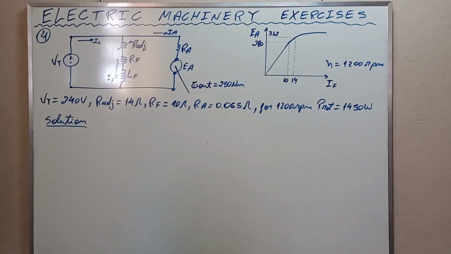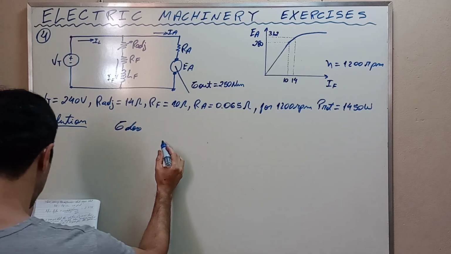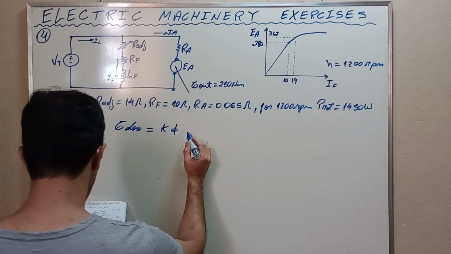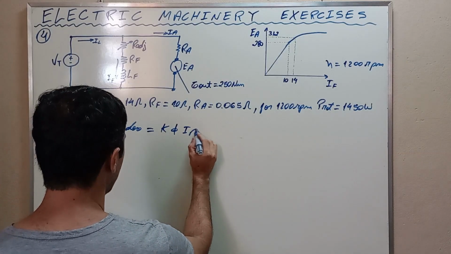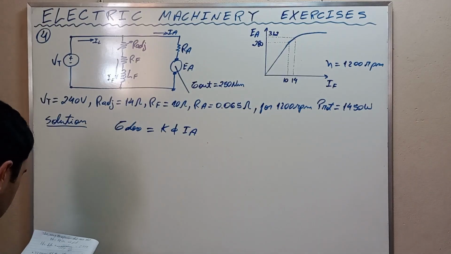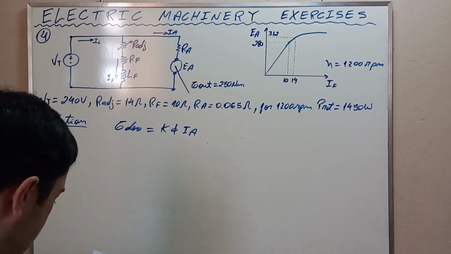Alright, to find the armature current, we use that the developed torque is equal to K times phi times IA. Do you remember this constant that we calculated? We found a value of 2.228.